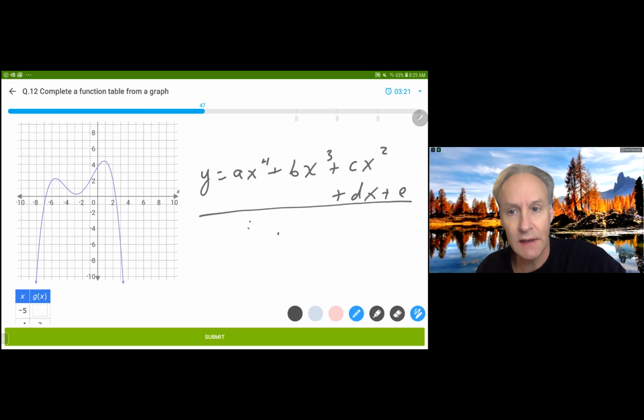And the way I can tell is because you see the ends are both going in the same direction. That means that my biggest power is even. And because it has curves in it where it crosses one of the lines 4 times. See that? 1, 2, 3, 4.